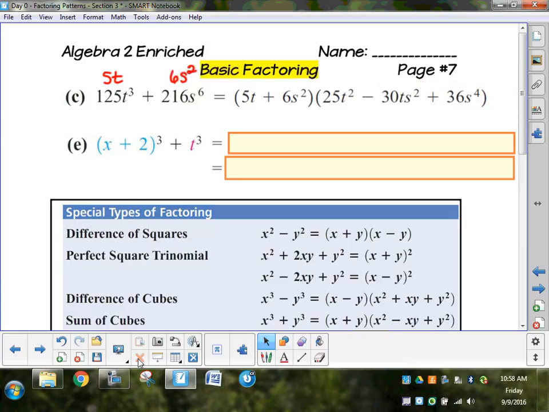Now, the next thing that we're going to do, there's no GCF. Some people would argue, well, you could expand the whole thing out and then try to factor it down. It doesn't work. That's not very efficient. Take the cube root of the left and the cube root of the right. The cube root of the left would be the quantity x plus 2. The cube root of the right would be a t. Now, I'm actually going to need parentheses inside of parentheses. Since I knew that going in, I use secondary parentheses, which are brackets.